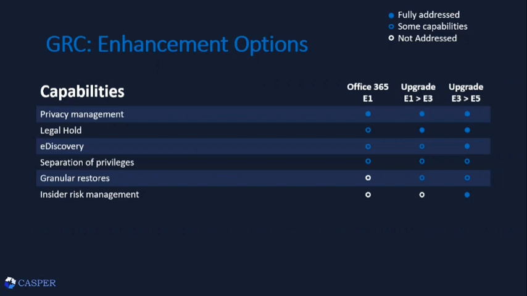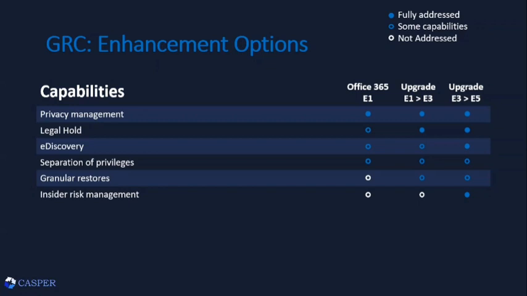By default, E1 doesn't even come with, let's say, the advanced Microsoft Defender protection. So there are some security features or options that you might not even get if your entire organization was running on E1 licenses.